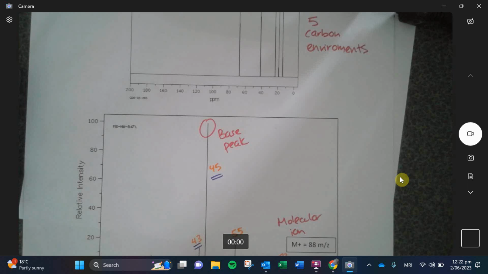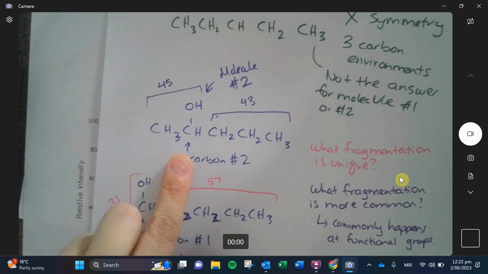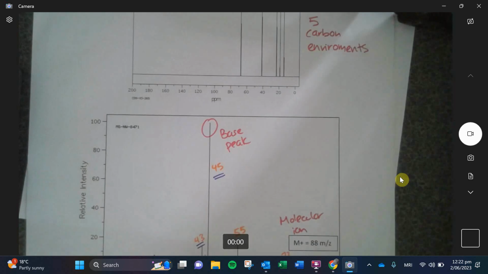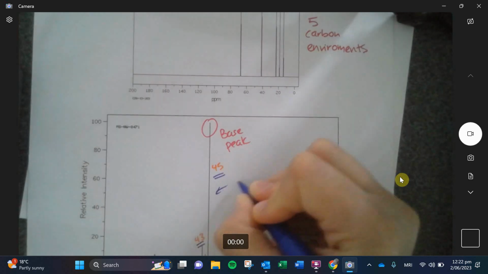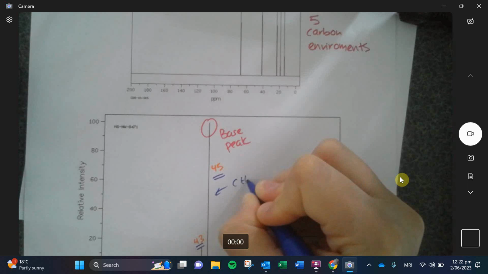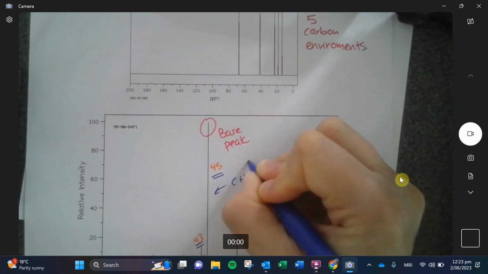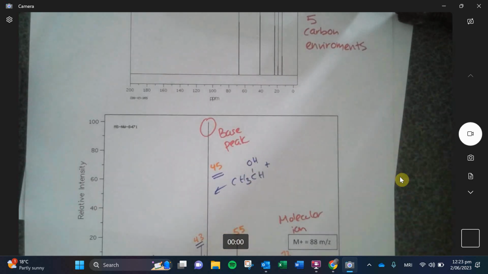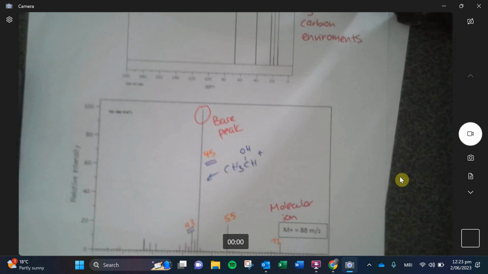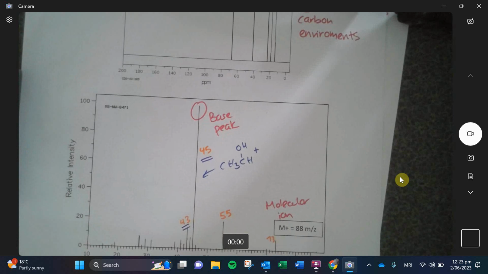It doesn't need to be the base peak, but I'm going to choose the base peak because it's an easy one to do because I've already figured it out here. So I would go, oh, this peak over here is CH3CH3OH, and I'll put the positive sign to represent that that's my 45.